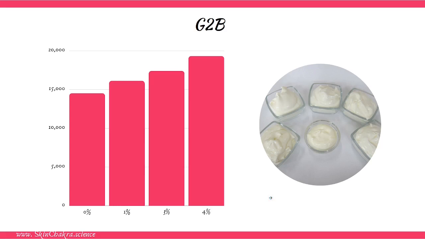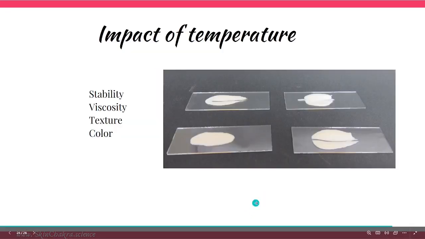So these are the factors that you need to keep in mind as a formulator. Not always increasing the viscosity is the optimum solution or is the best solution, but when you increase the viscosity, you don't want to have a negative impact on the skin feel and on the flow of the formulation.